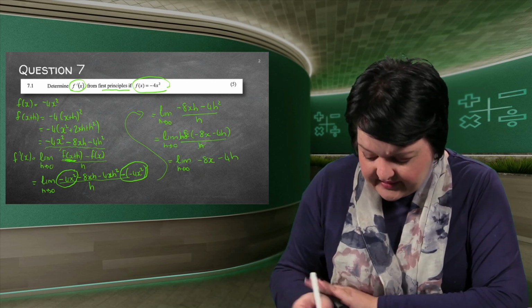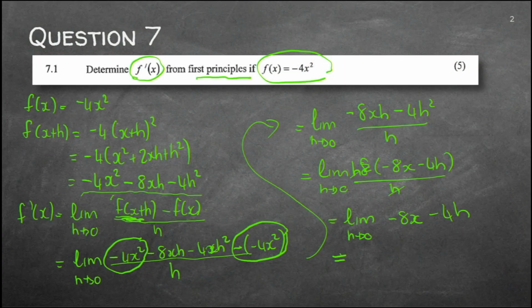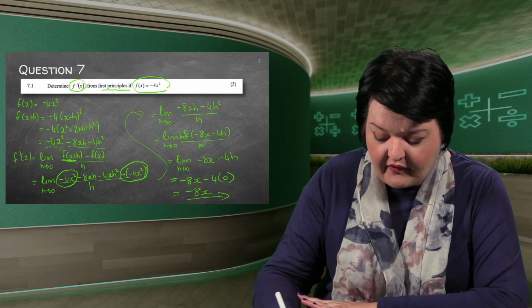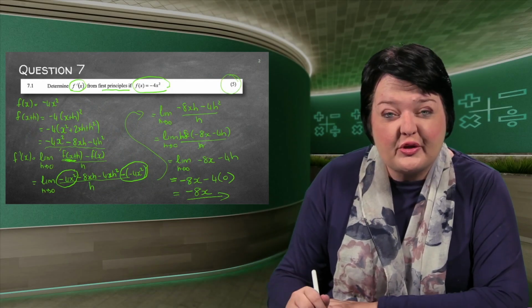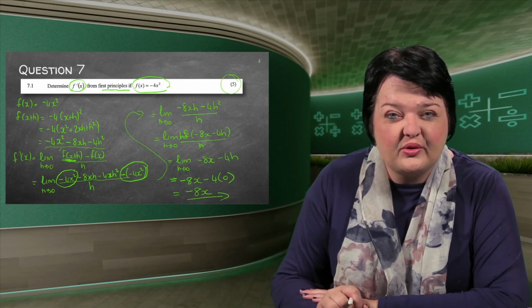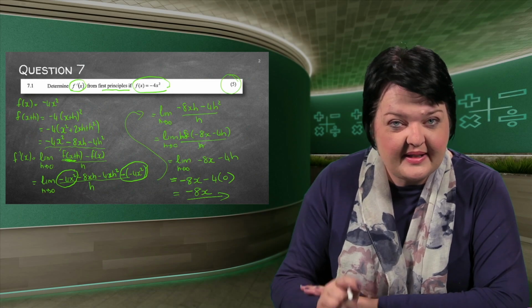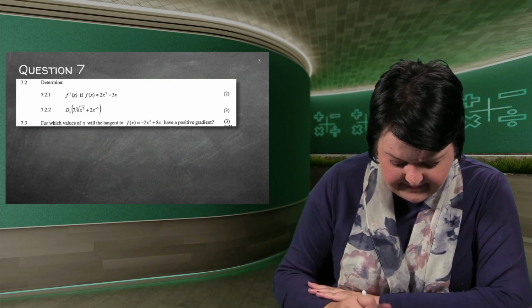No, it's perfectly fine. We can do it. Now I don't need to stipulate the limit as h nears 0. I can simply substitute in the 0, and the answer is negative 8x. And that is the answer for 5 marks. Make sure you practice it well to make sure you do it within 5 minutes. Let's do the next question.